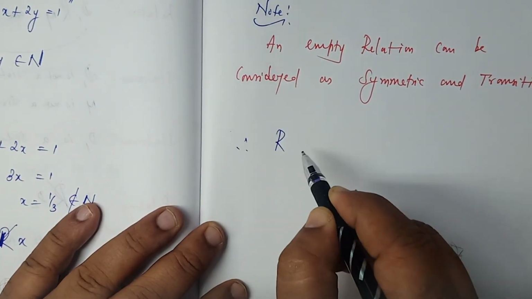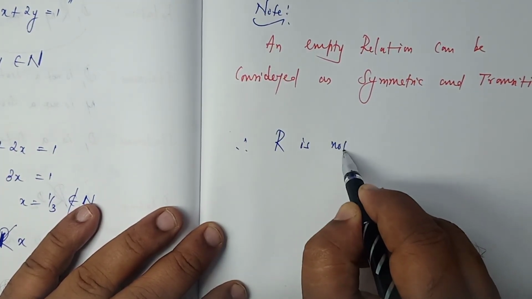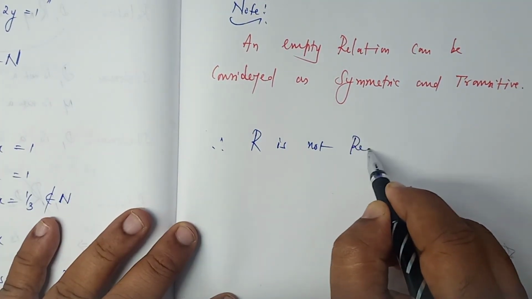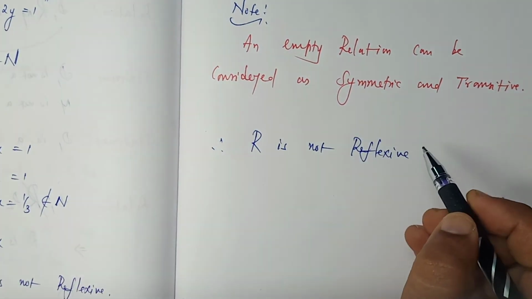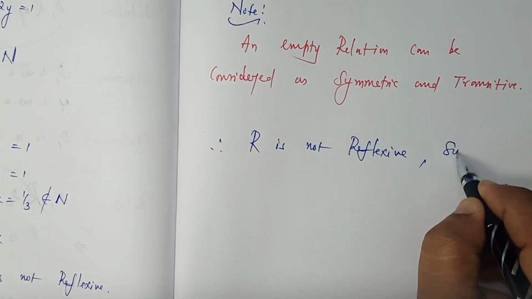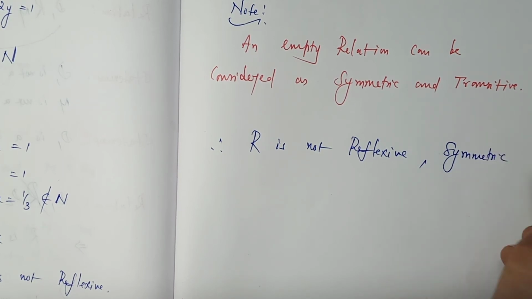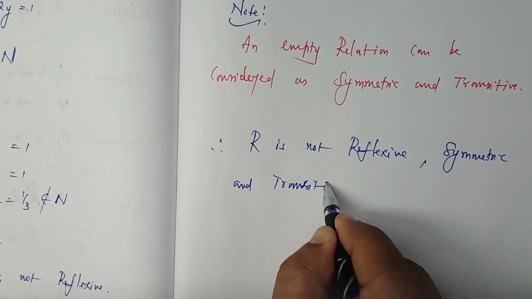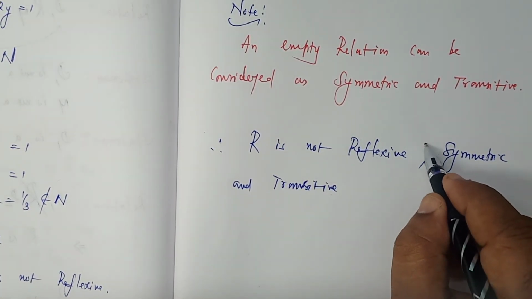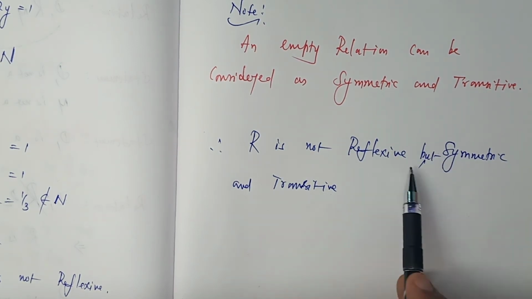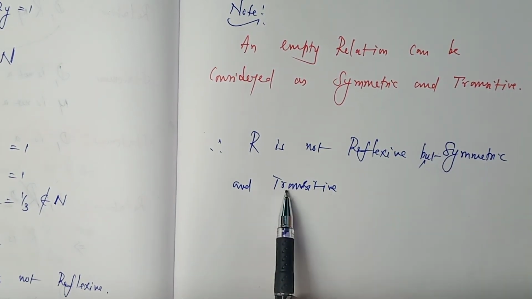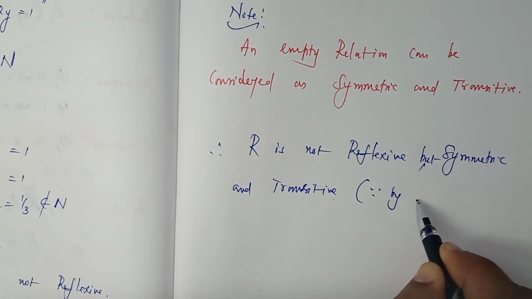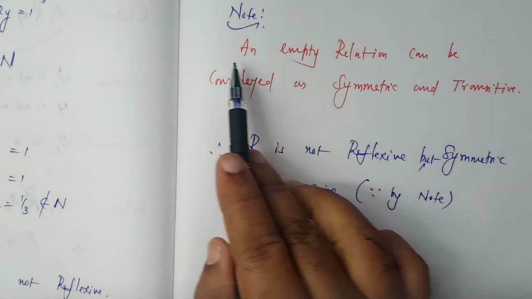Therefore, this is the final result: R is not reflexive but symmetric and transitive, by the above note.